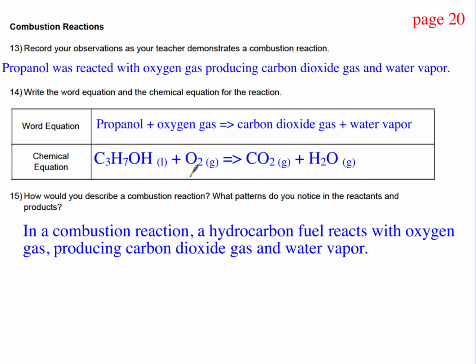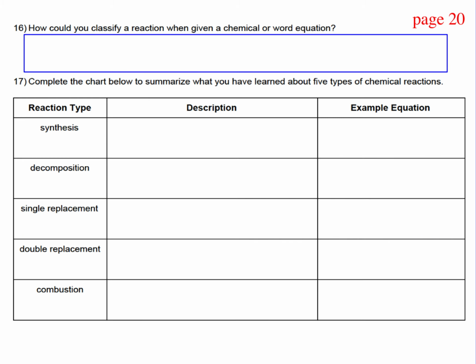Here it is right here, O2, and forms carbon dioxide gas and water vapor. So you have to be really careful because that's usually what you always have in the case of a combustion reaction.